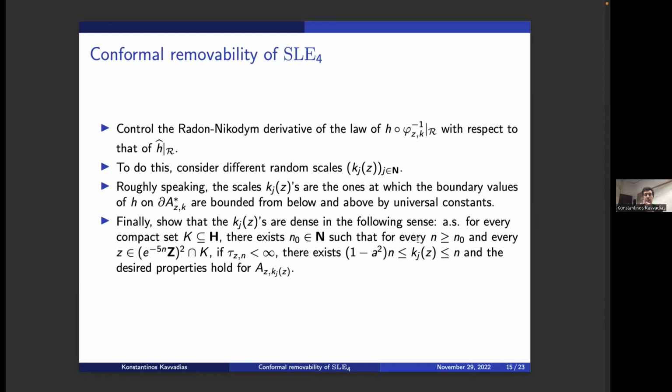Then we can find such a random scale such that the desired properties hold for the corresponding annulus. So here we apply a Borel-Cantelli type argument twice. First we show that the scales are dense, and since for every such scale the desired properties hold with probability arbitrarily close to 1, this will also be true for at least one scale. And since these random scales are extremely close to n, we obtain our desired properties.